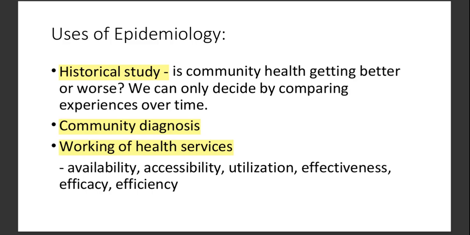For example, in 1990, these are the people that were affected in this area, in this given period. In this year, 2025, who are the people affected? In which area? Which period of time? Understanding that will help you to tell if the condition is becoming better or worse. All right? That is important.